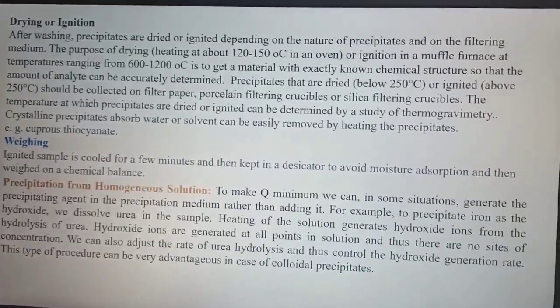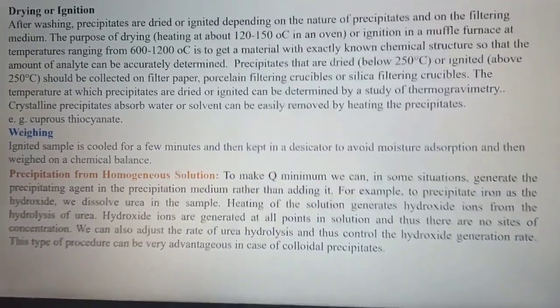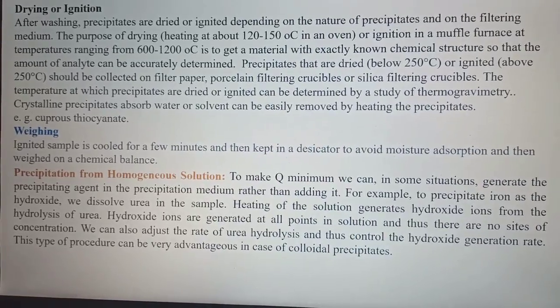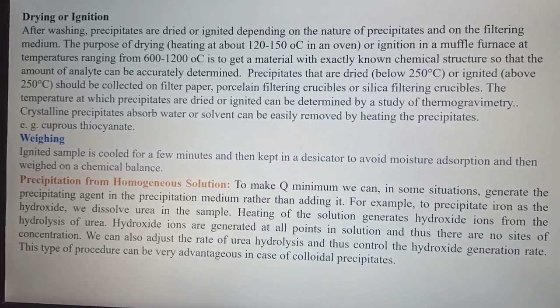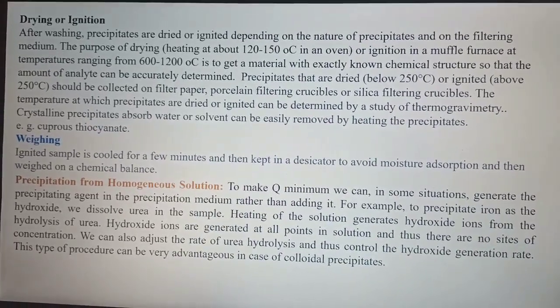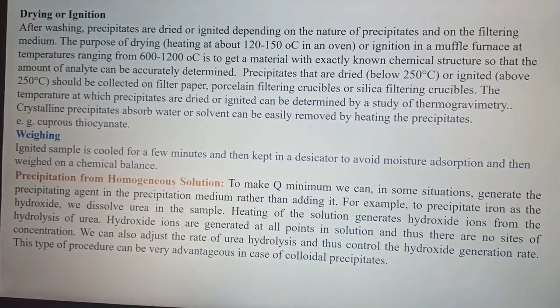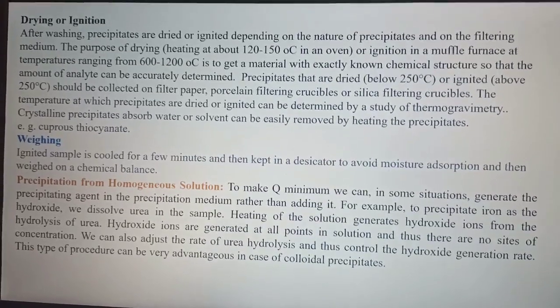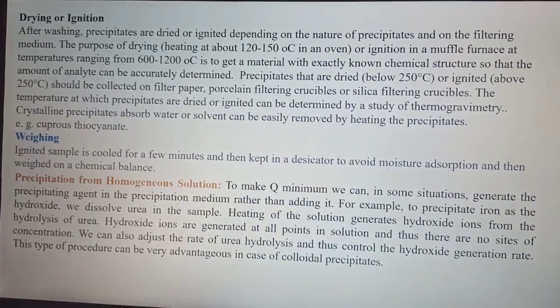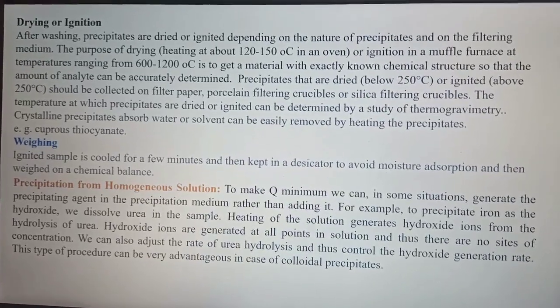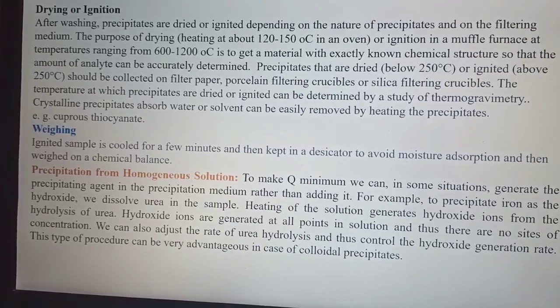In that crucible, the material which is to be ignited is kept and heated strongly, either electrically or by normal heating process. This can be achieved by heating the substance for about 1 to 2 hours, sometimes more than 2 hours, to get the final product which is completely dry.